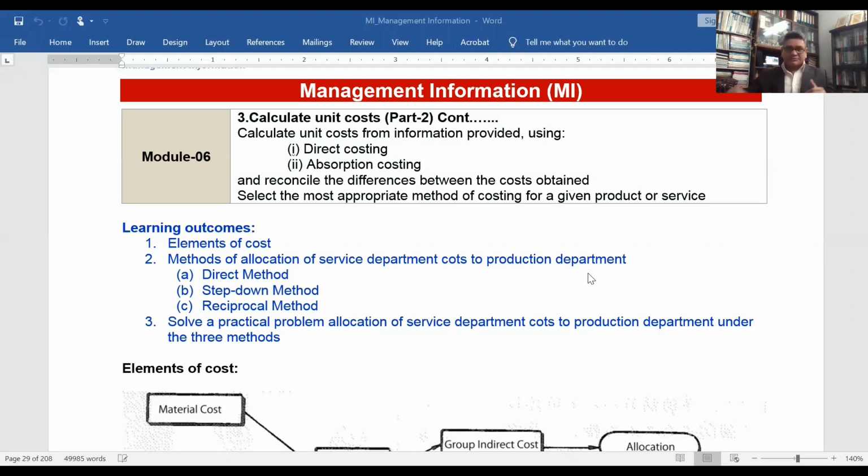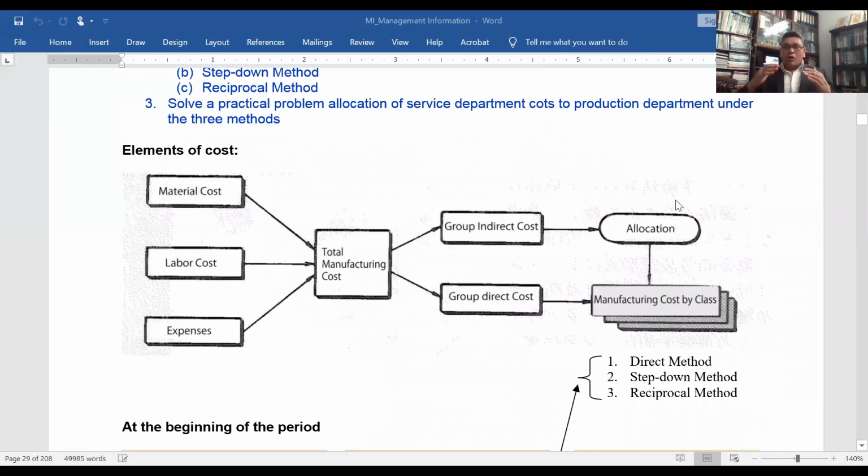So let us start. We all know that the elements of cost are material cost, labor cost, and expense cost. All indirect costs are the overhead cost. That is the total manufacturing cost.